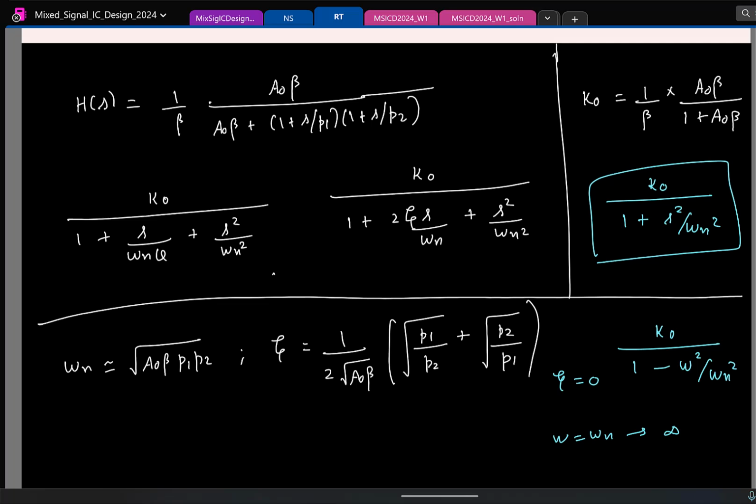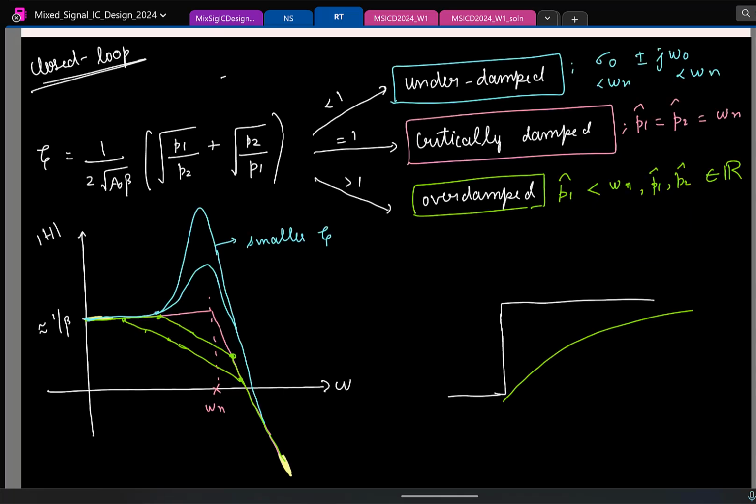So if I take the inverse Laplace transform of this, what will be there? It will be some kind of sinusoid. Fine. So what do you expect in the step response? If zeta is 0, it's going to nicely oscillate. But my zeta is not 0. So what will happen to the oscillations? It will kind of decay.